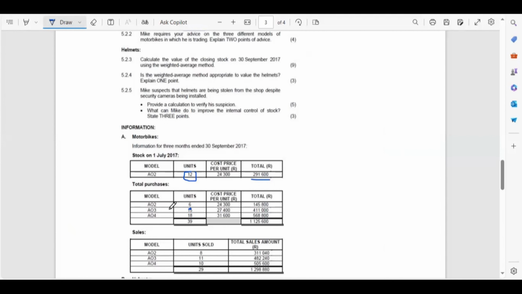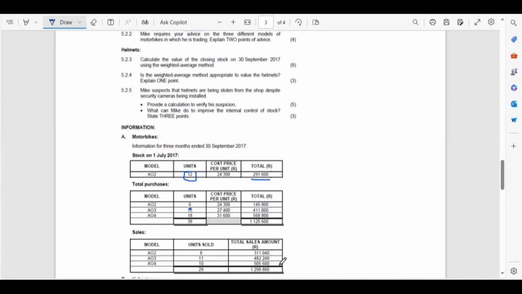Now, the cost price of each A04 model is 31,600. The selling price is going to be the 505,600 divided by 10, which is 50,560. Now, I think you should stock more of the A04 model because the gross profit per unit is bigger on this item compared to other items.